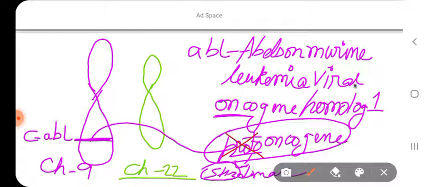So why am I talking about the CABL gene? This CABL gene unfortunately has been translocated to a region of chromosome number 22. Now within chromosome number 22 there is another region called BCR.